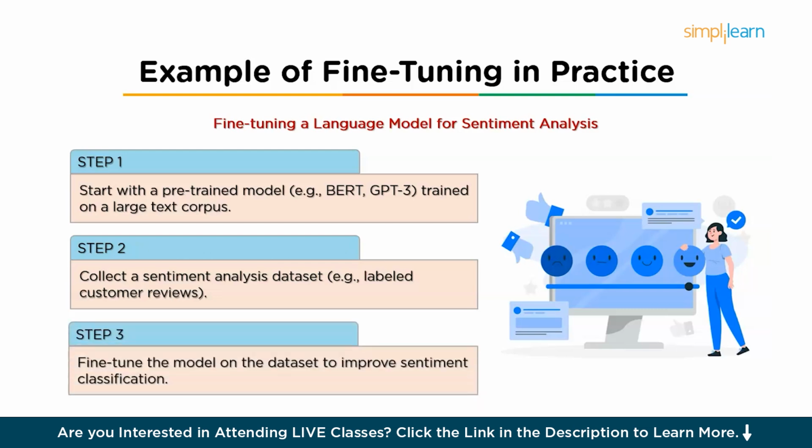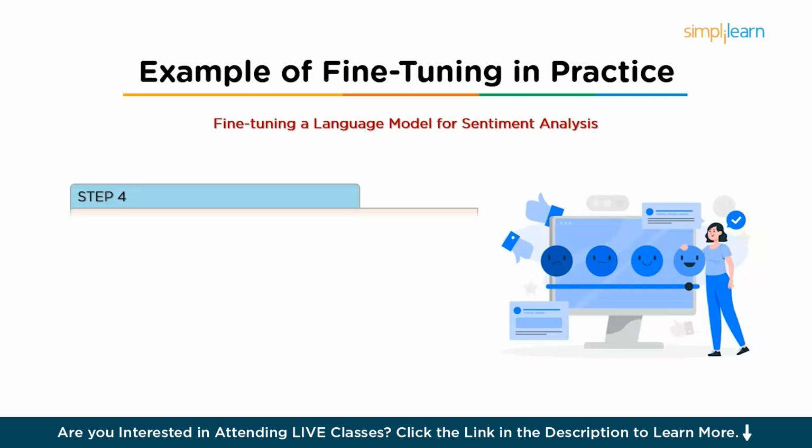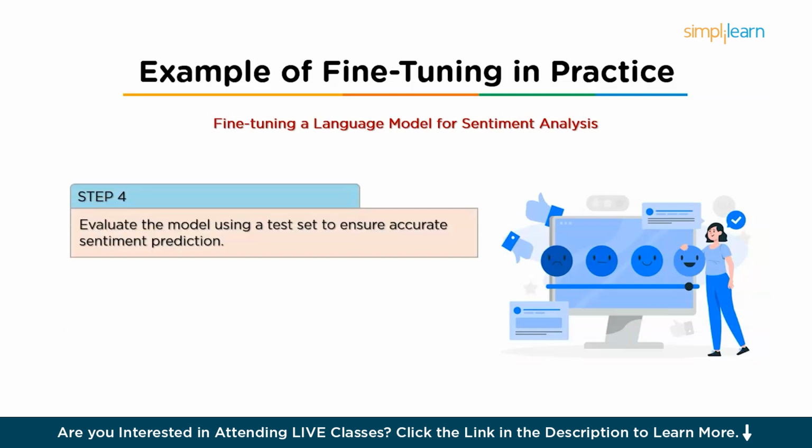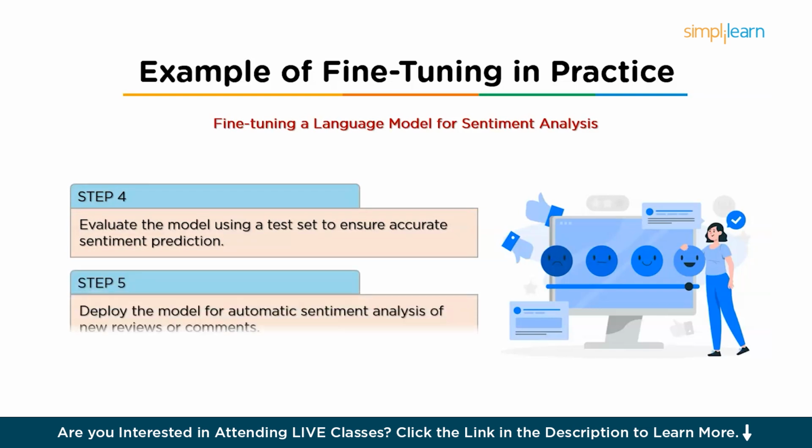The next step will consist of fine-tuning the model on this dataset by adjusting the model's weights so that it becomes better at classifying the sentiment of reviews. Step 4 would be evaluating the fine-tuned model on a test set of customer reviews to ensure it can correctly classify the sentiment. And finally, to deploy the model to analyze the sentiment of new customer reviews or social media comments automatically. So these are the steps to be followed while fine-tuning for a specific use case.